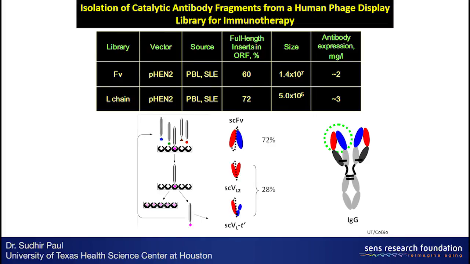These aberrant molecules, these single chain VL2 and single chain VL, have only the light chains, and we and others have found that the catalytic sites are often located in the light chain variable domains. And for comparison, on the right I am showing you the structure of a classical physiological IgG with the constant domains and then the variable domains in color.